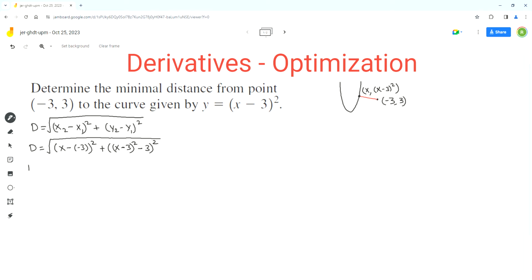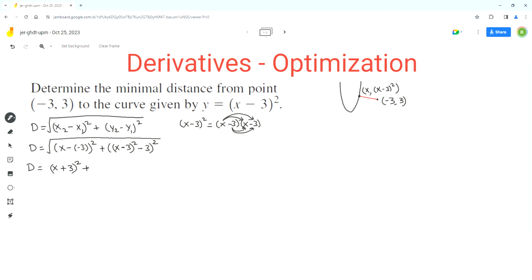Now we can simplify this expression. So we get (x + 3) squared in the first parentheses, and then plus. Now in the second parentheses, we can expand the square on (x - 3). So we can do it on the side. (x - 3) squared can be expanded as (x - 3) times (x - 3), which can be expanded further using the FOIL method.